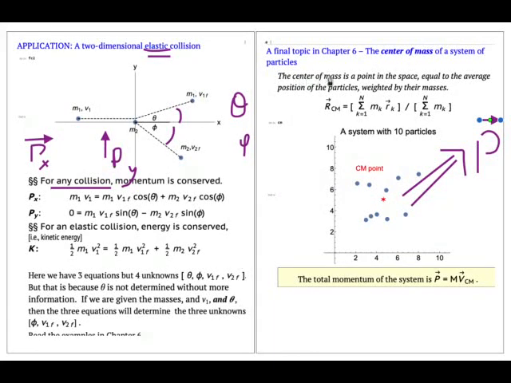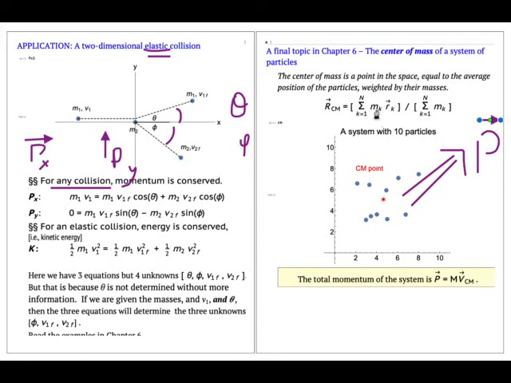Now, the center of mass is a special point in space which is equal to the average position of the particles weighted by their masses. So in other words, the vector position of the center of mass, r sub center of mass, is the average of the positions of the 10 particles weighted by the masses.